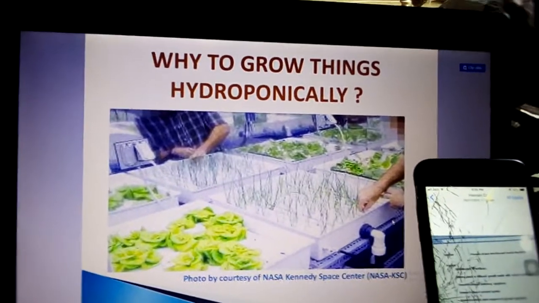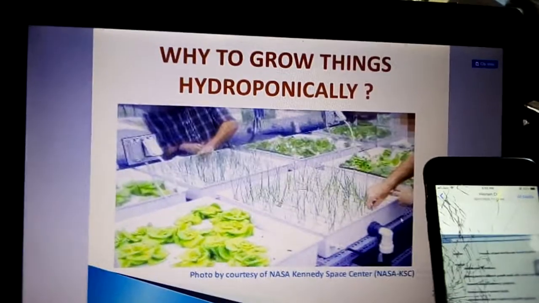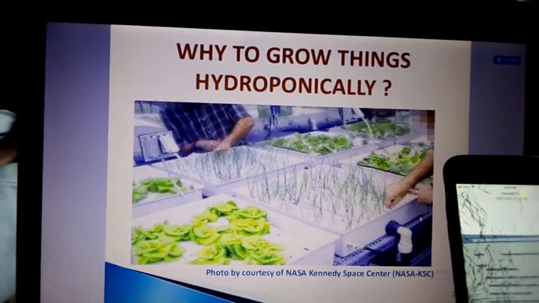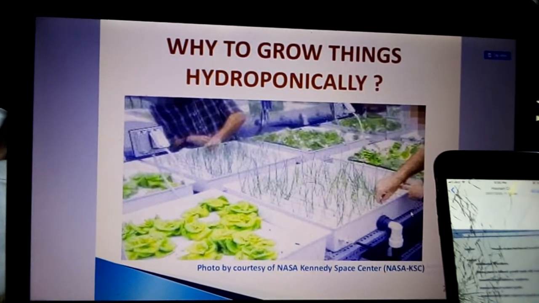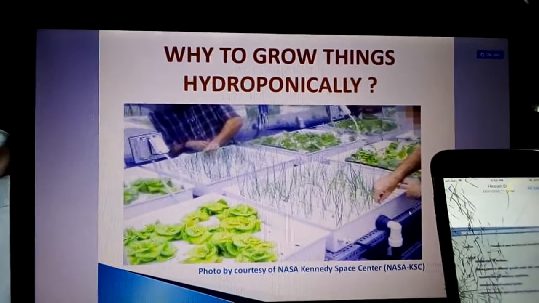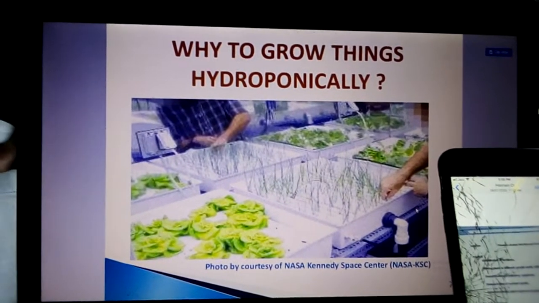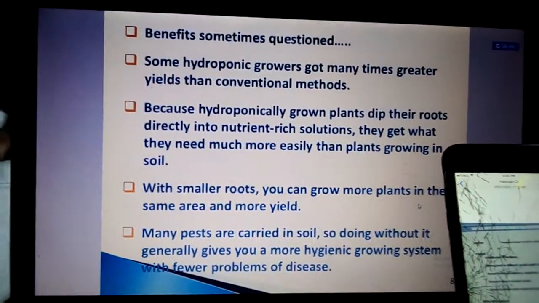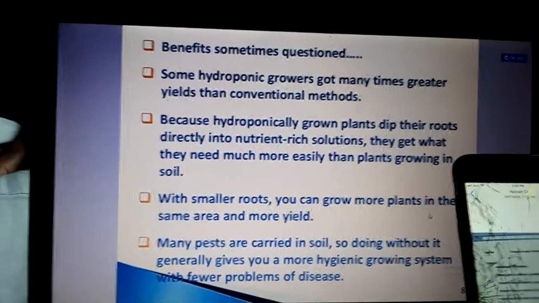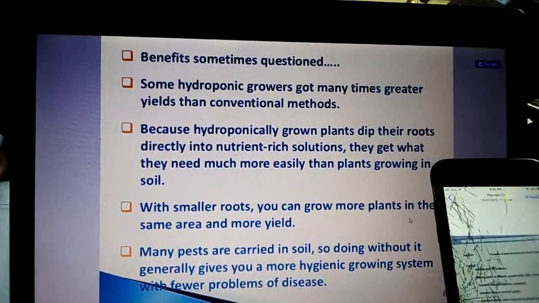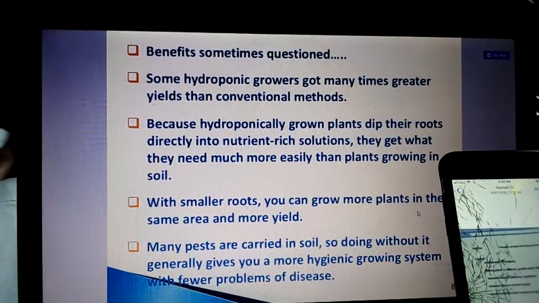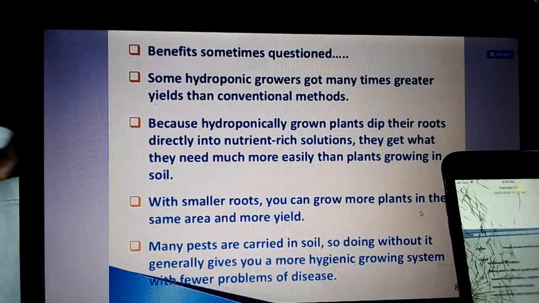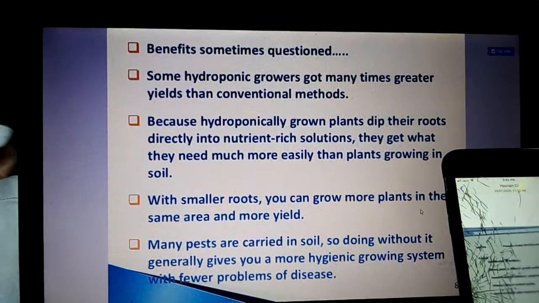Then the question is, why grow things hydroponically? Because with the passage of time, we are deteriorating our soil and water, so we need these kinds of methods to grow our plants. Some hydroponic growers get many times greater yield than the conventional method, because hydroponically grown plants dip their roots directly into a nutrient-rich solution.